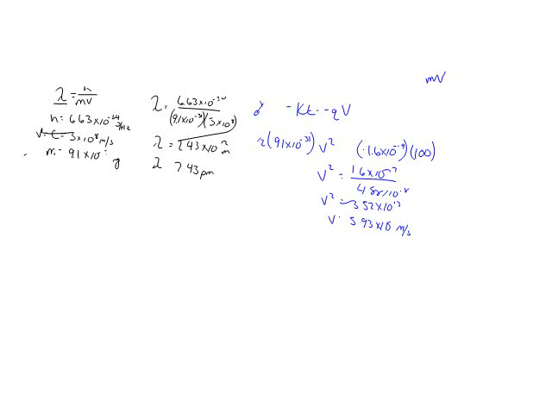All right, there's our velocity. And now that we have our velocity, we can plug it into this equation and solve for the wavelength. So wavelength is going to be Planck's constant over the mass of an electron times that velocity that we just found.